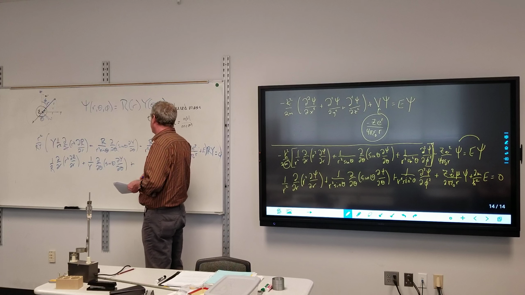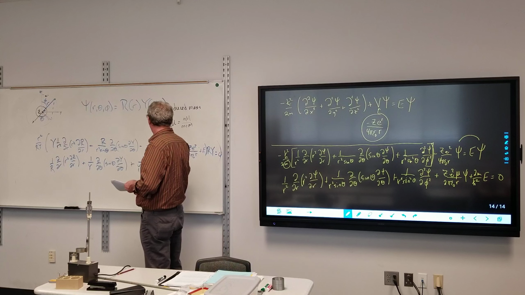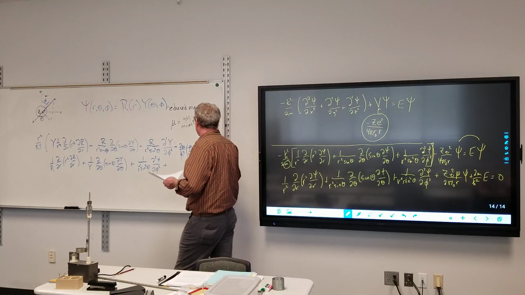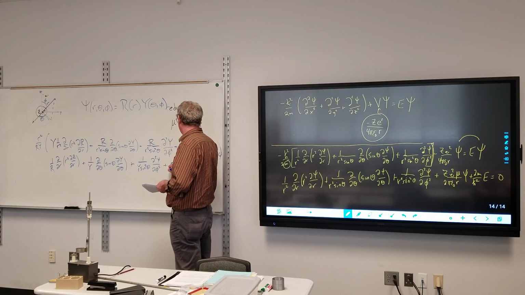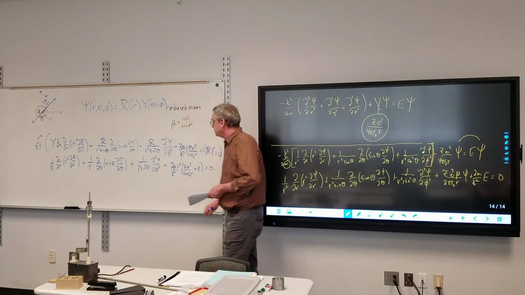Plus, well, the R is going to cancel out again, and the big R and the little r squared is going to cancel out, so I'm left with 1 over Y sine squared theta, del squared Y, del phi squared, plus RY is going to cancel out, and I end up with an r squared there, so I get 2 mu, h bar squared, r squared, Z e squared over 4 pi epsilon sub naught r plus E equals 0.